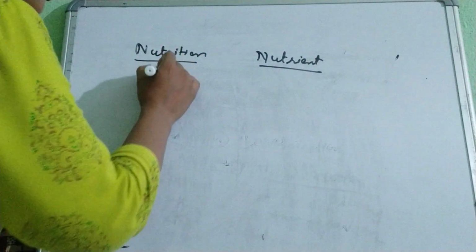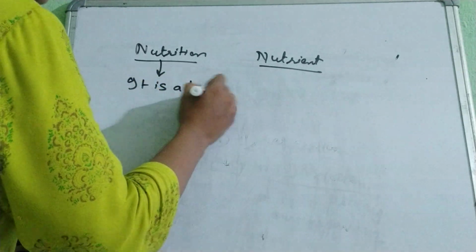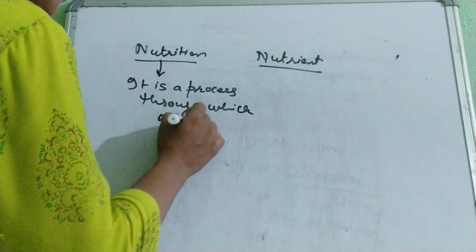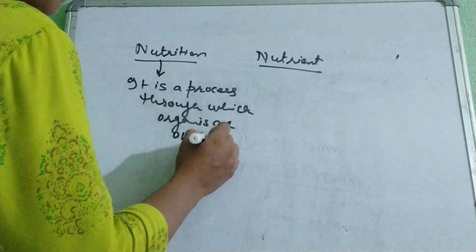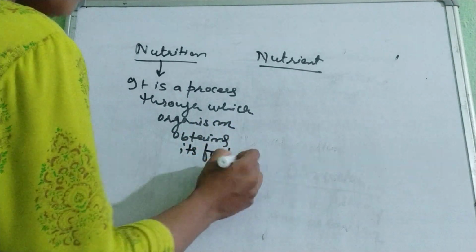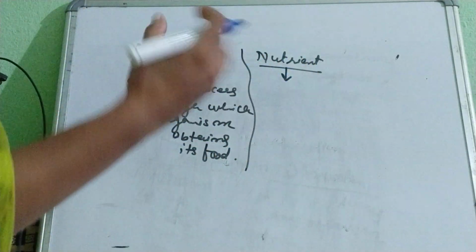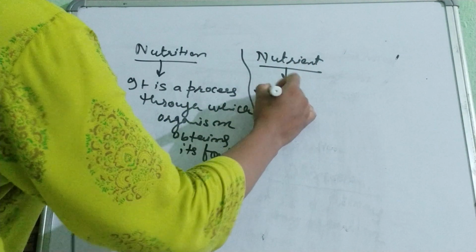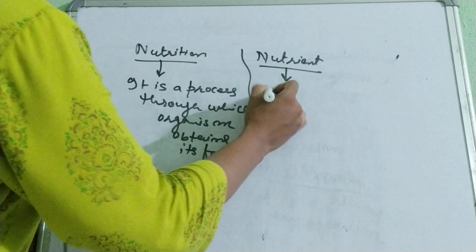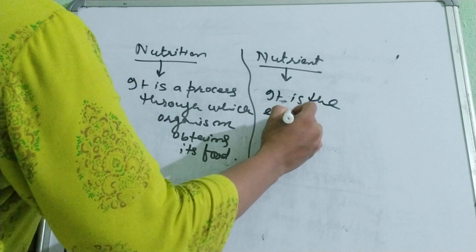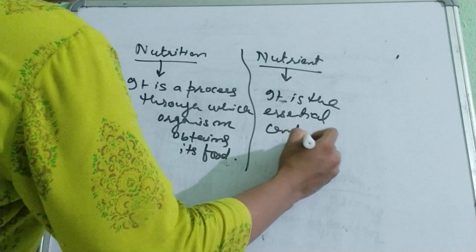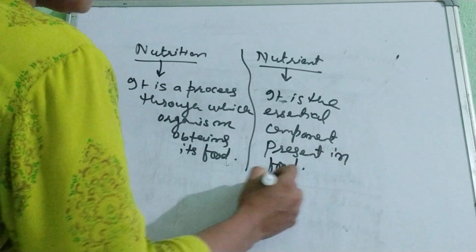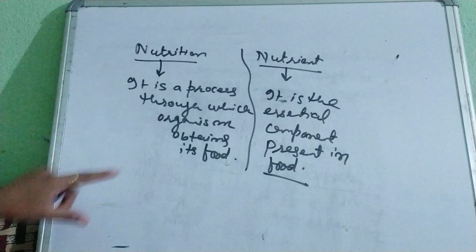Nutrition is actually a process through which an organism obtains its food, but a nutrient is the essential component present in the food. So this is the major difference between nutrition and nutrients.